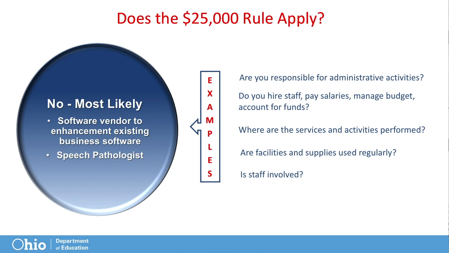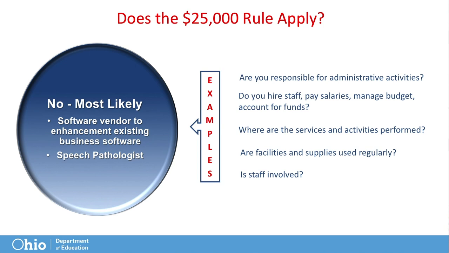In these examples, the services are provided by another entity, but the work is directed by your organization and the contractor requires oversight or collaboration by staff employed by your organization. Furthermore, the services are performed at your location.